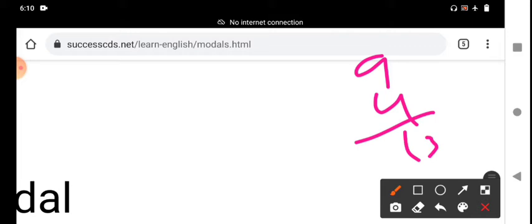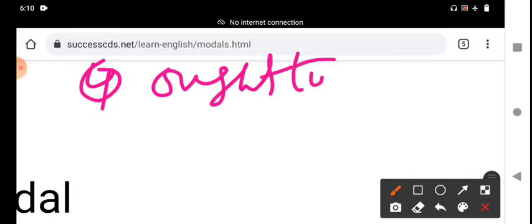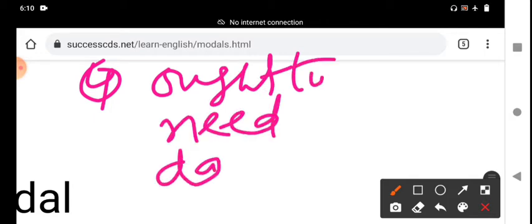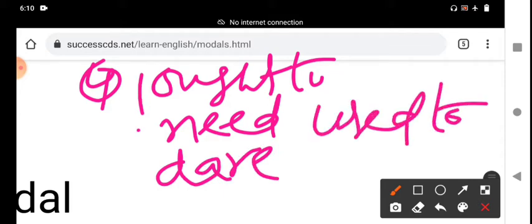We are discussing the semimodal verbs. What are the semimodal verbs? They are ought to, need, dare, used to. These 4 modal verbs are semimodal.